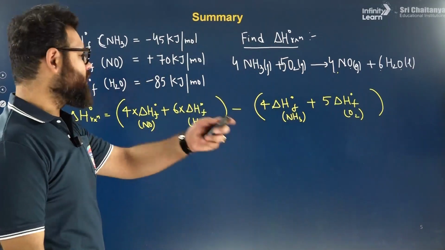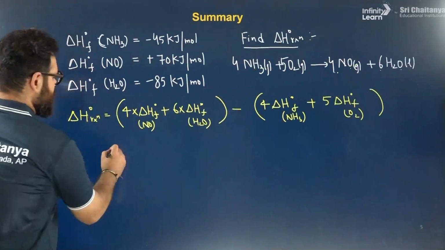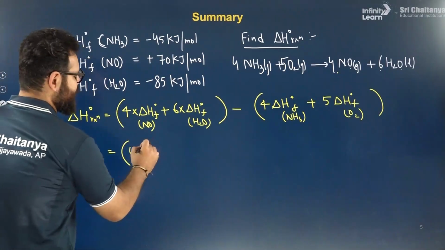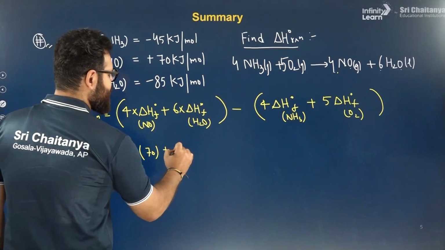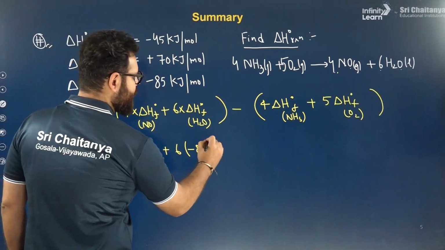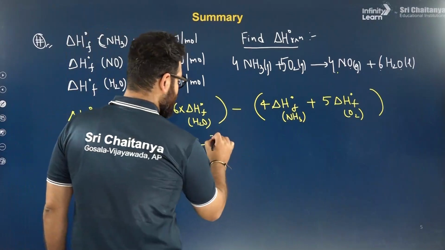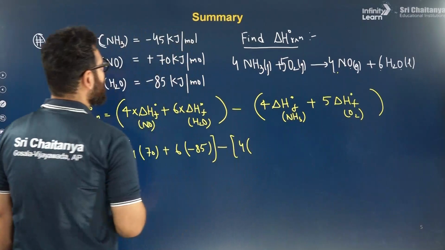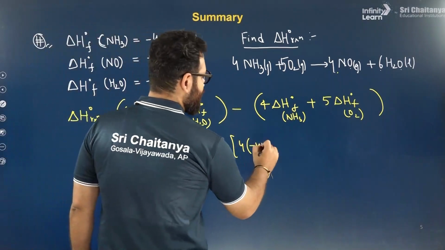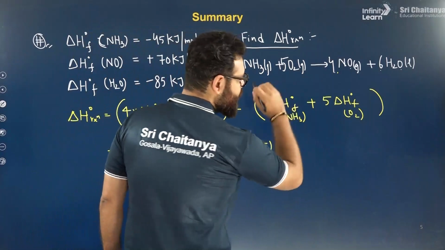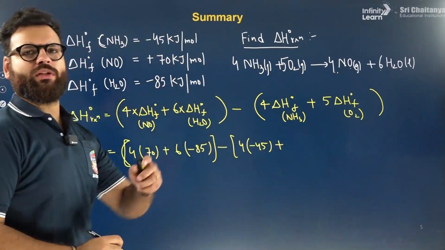Let us put the values and get the answer. It is 4 times formation of NO, which is given as plus 70, plus 6 times formation of water, which is minus 85, minus 4 times ammonia formation, which is minus 45, plus 5 times oxygen formation. Where is the value given for oxygen?